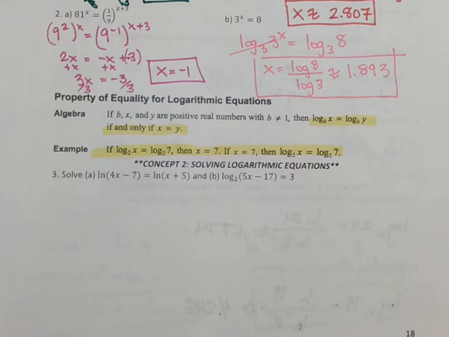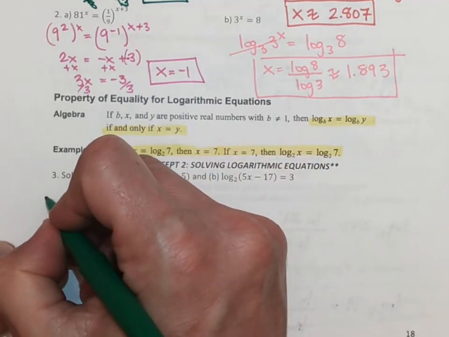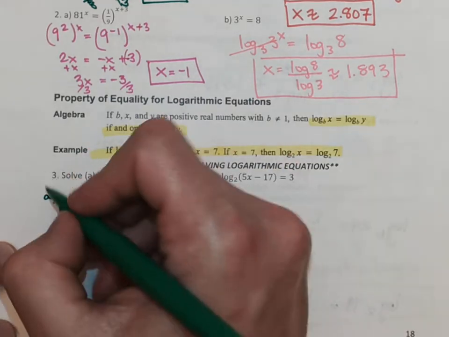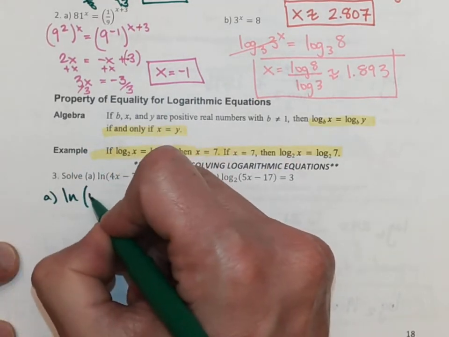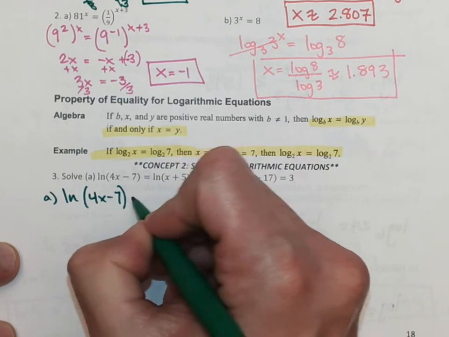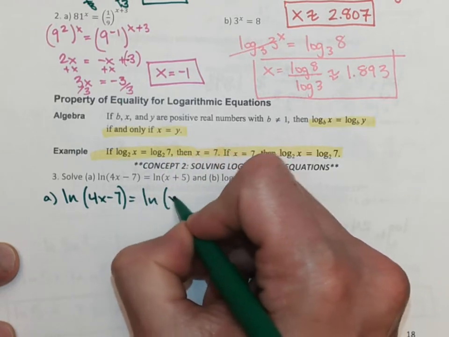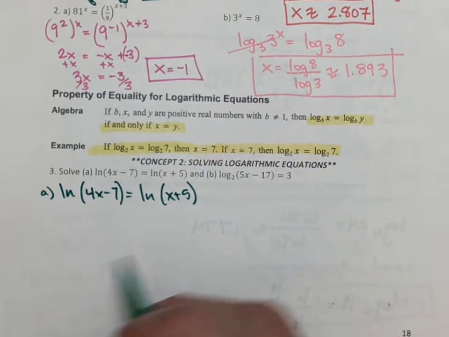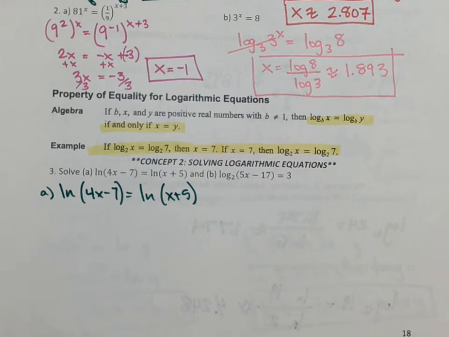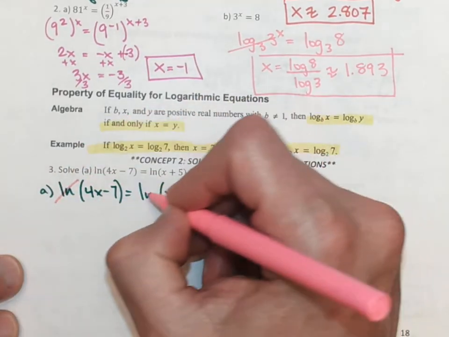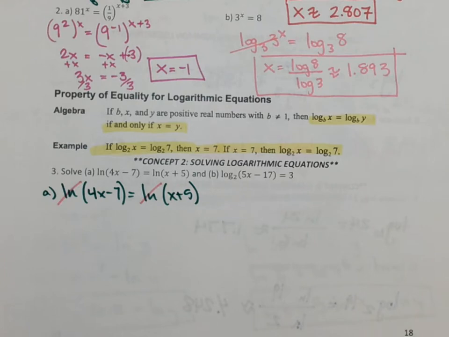Okay. Very similar. I'm going to go ahead and do A here. I have the natural log of 4x minus 7 equals the natural log of x plus 5. This one's easy because all I have to do is cancel out my natural logs on both sides and solve for x.